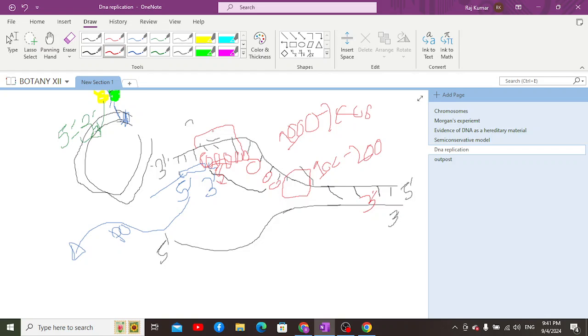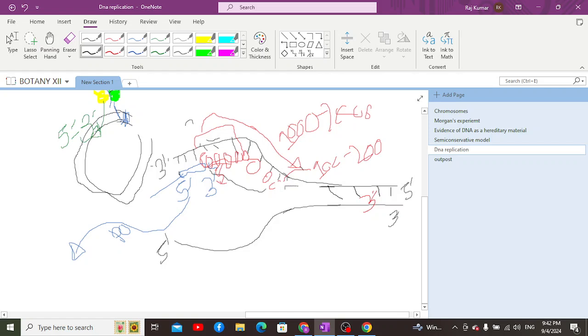That is because DNA polymerase 3 cannot work on the entire chain. If DNA polymerase 3 is moving in this direction, it follows the direction of the primer, right? But after a certain distance, the primer would be far away from it, due to which it won't be able to get the direction from the primer.